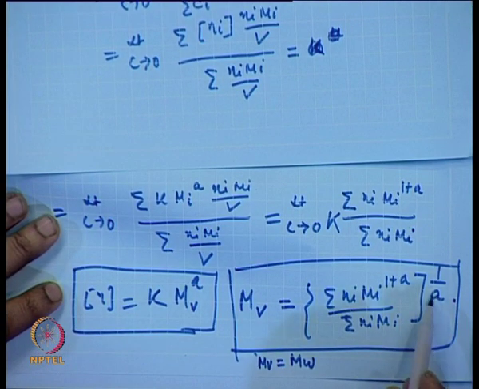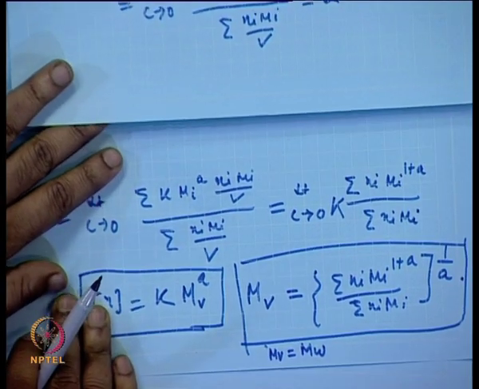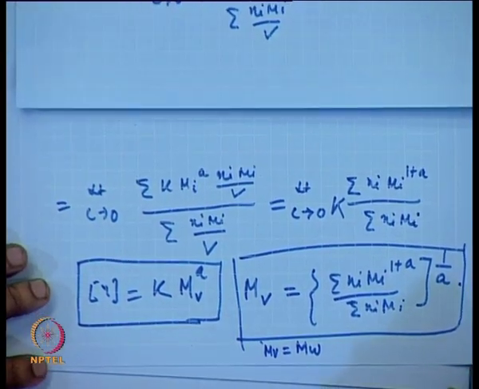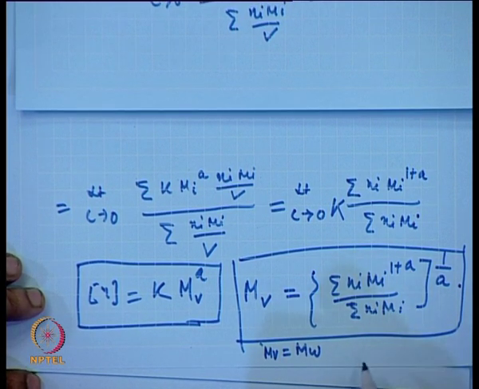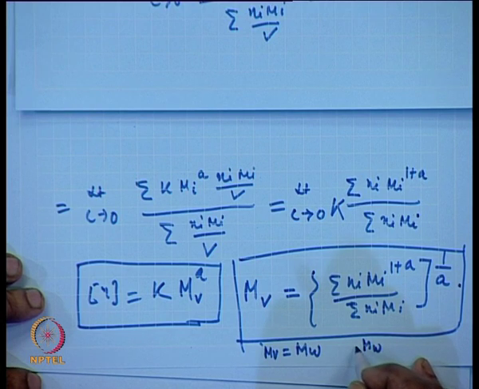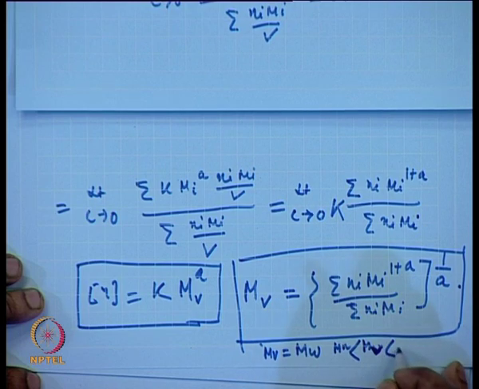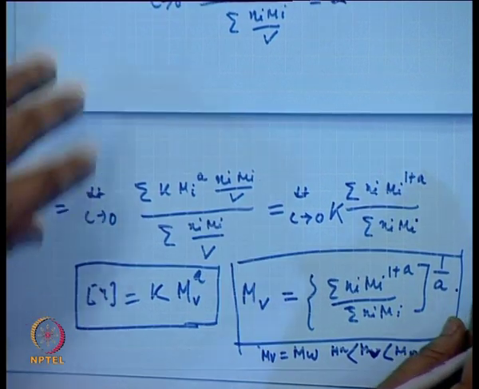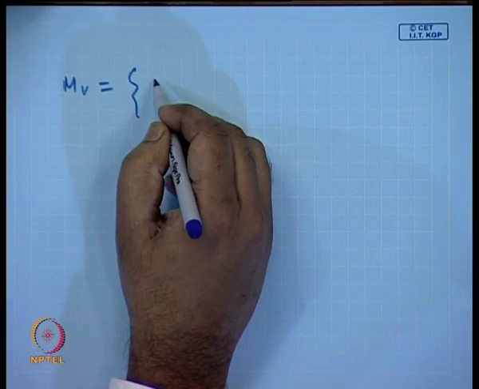If a is 1, it will be the summation of N_i M_i squared by the summation of N_i M_i, so it will equal M_w. As the a value lies between 0.5 and 0.8, M_v would be more than M_n and less than M_w. Let me write in a fresh paper. M_v is given by this.